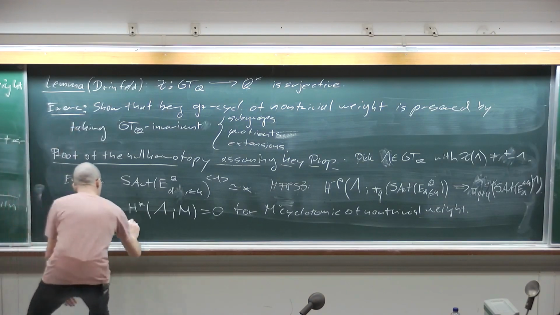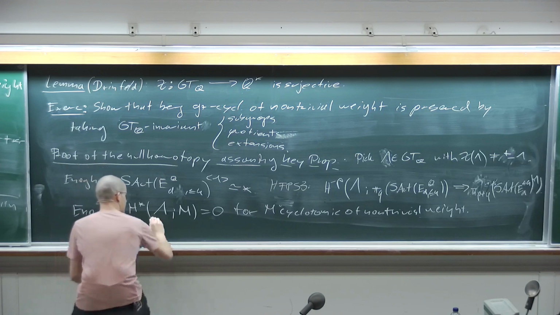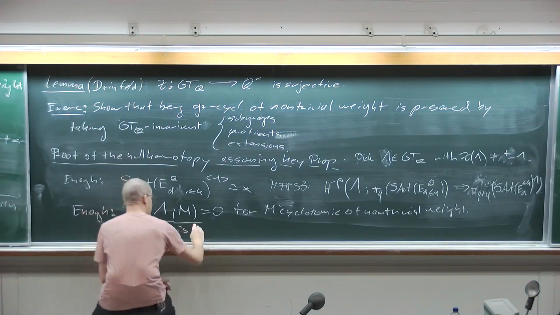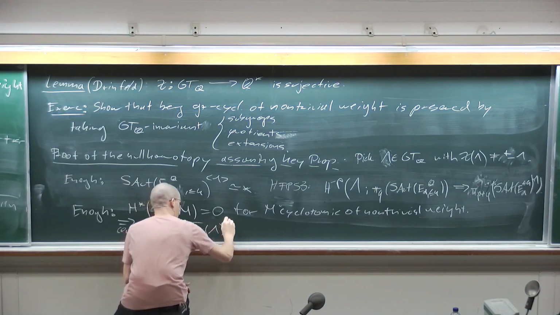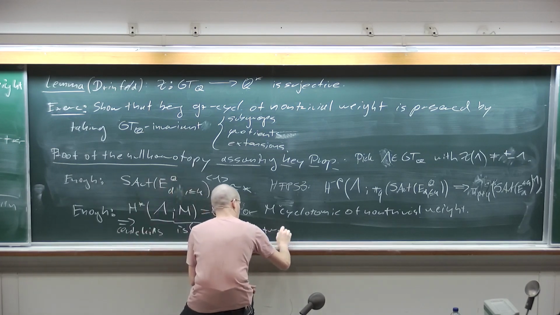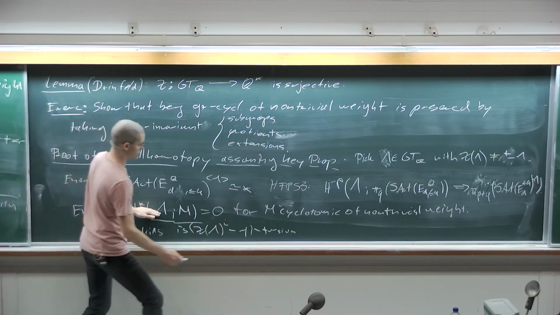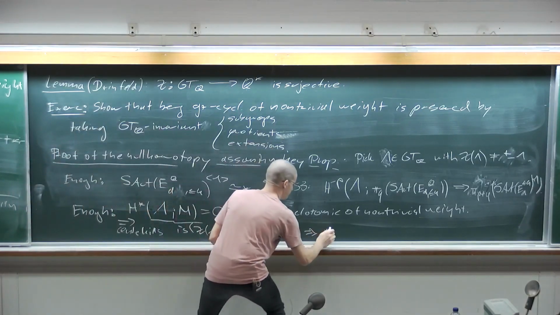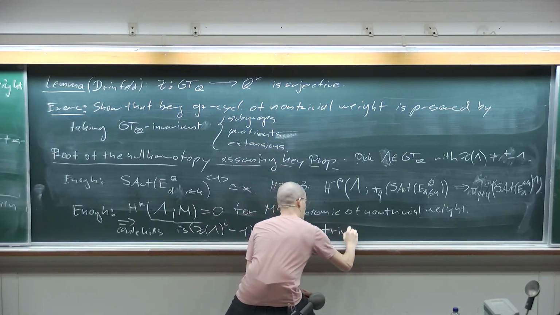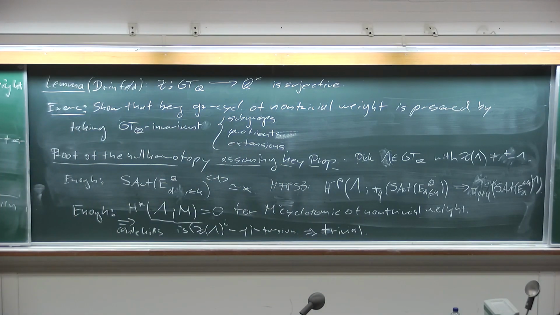So for instance, by something called the center kills trick, I know that this group is chi of lambda to the power of i minus 1 torsion. But M is a rational vector space, so there is no torsion, so it's trivial. That's it, simple as that.